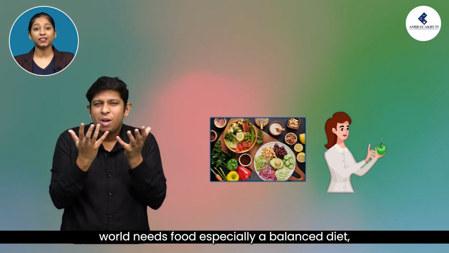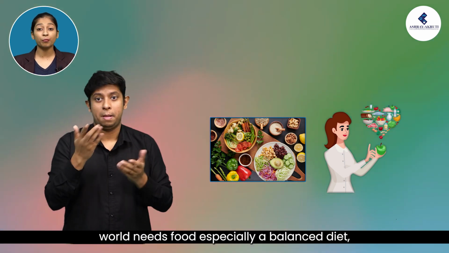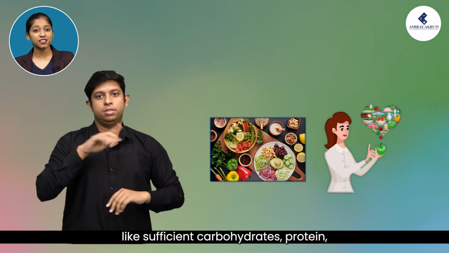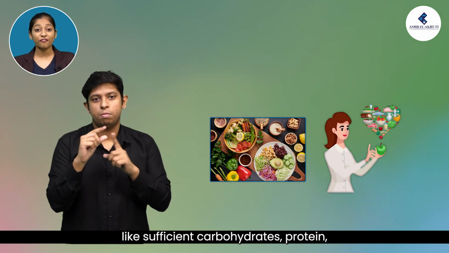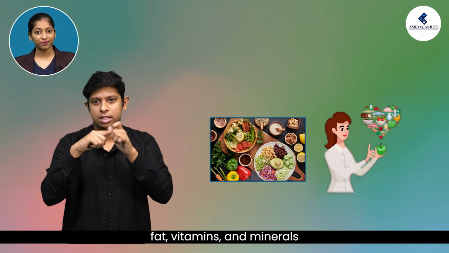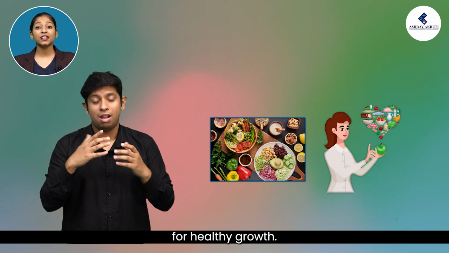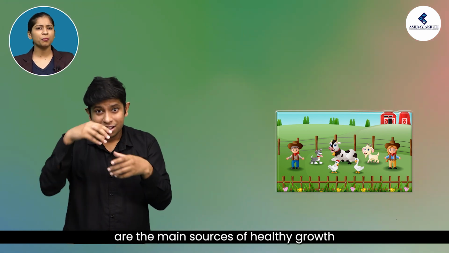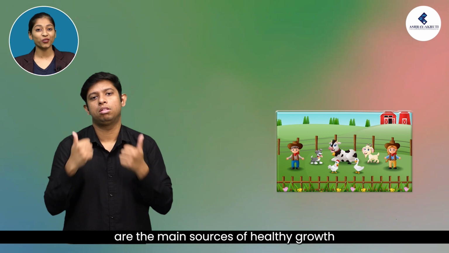Everyone in this world needs food, especially a balanced diet, like sufficient carbohydrates, protein, fat, vitamins and minerals for healthy growth. So, as you all know, agriculture and animal husbandry are the main sources of healthy growth.